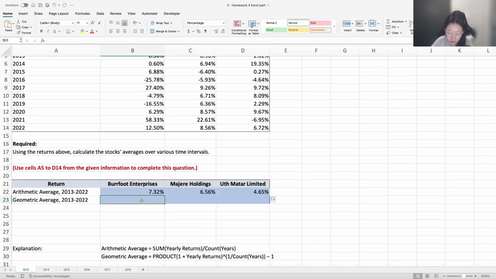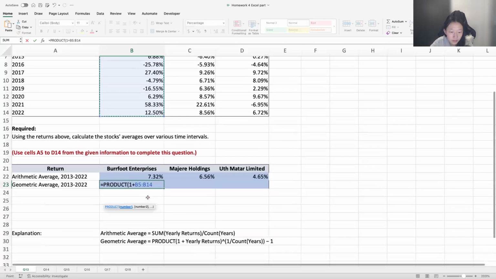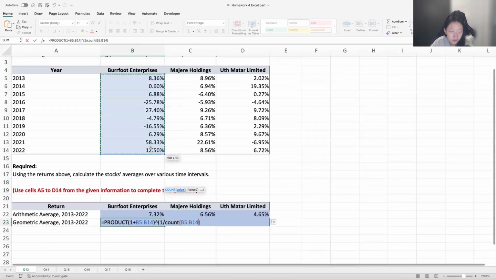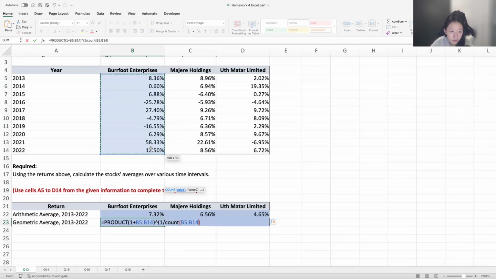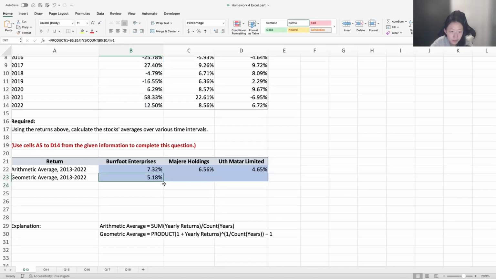So that will be the product of 1 plus a return here, a bracket, and raise this to the power of 1 divided by count years, and minus 1.